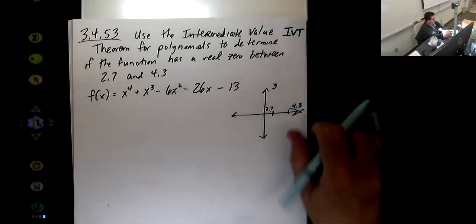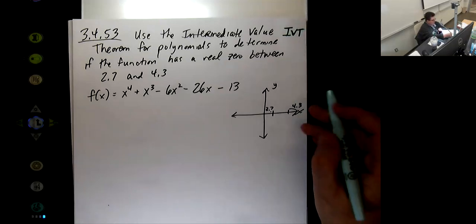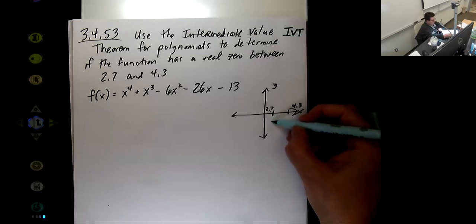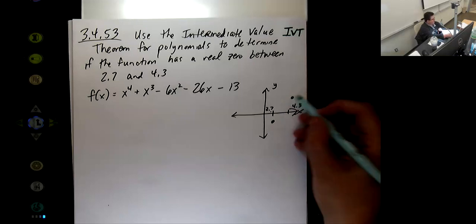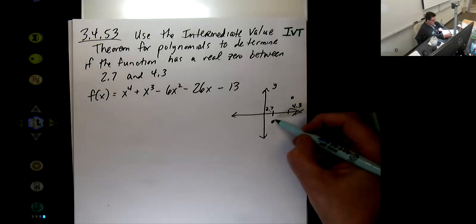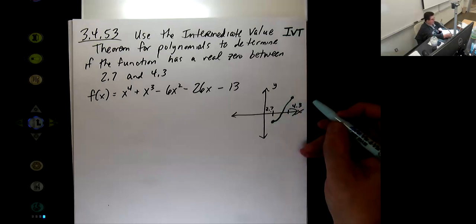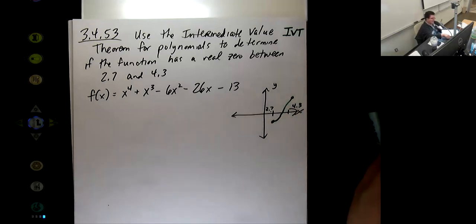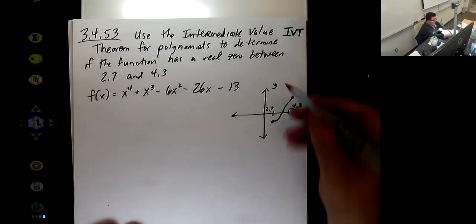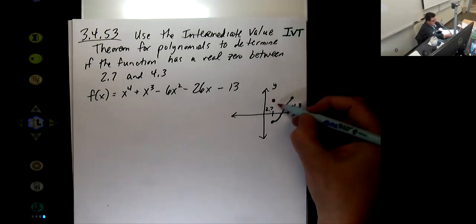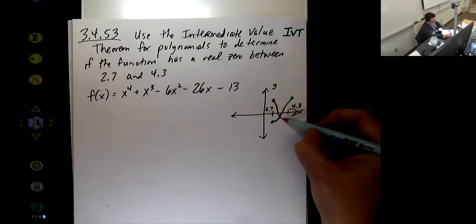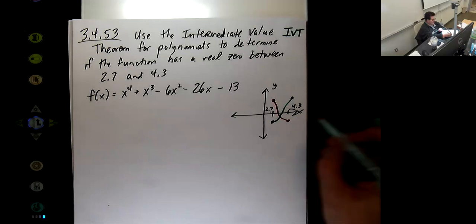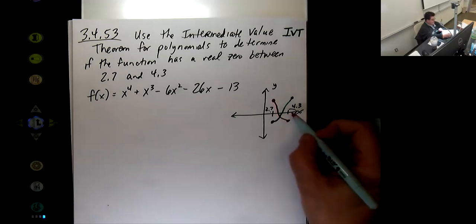It says that if the function value is negative, like let's say f of 2.7 is negative and f of 4.3 is positive, it has to cross somewhere in the middle. It could be the other way around. f of 2.7 is up here, f of 4.3 is down below here. Somewhere it's got to cross. It doesn't say where it crosses, it just says it crosses between these two.